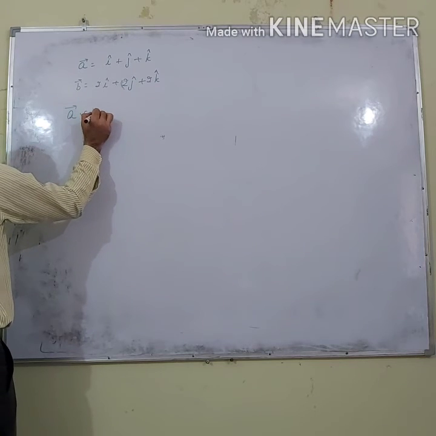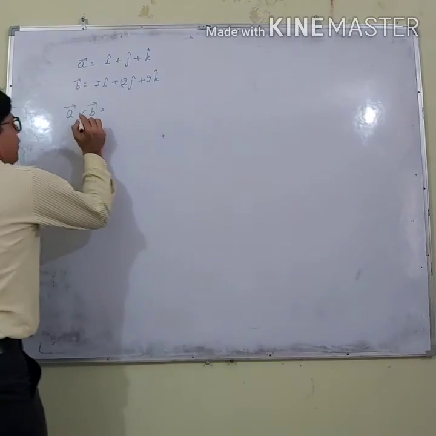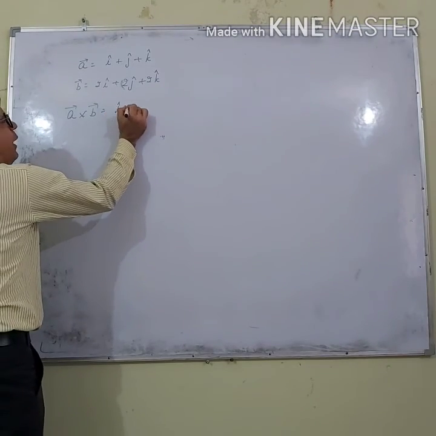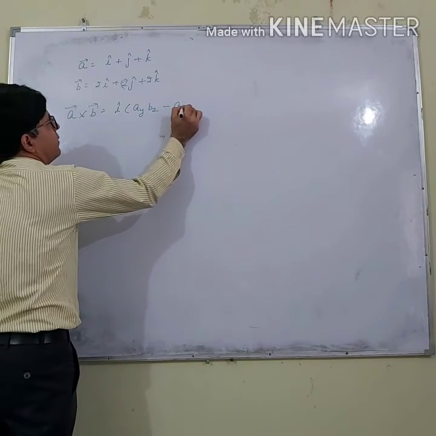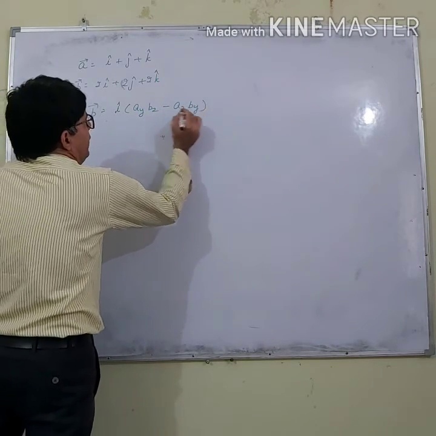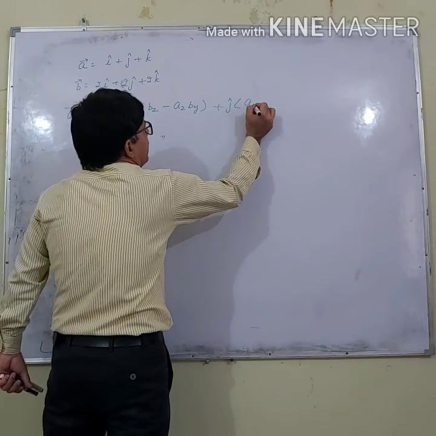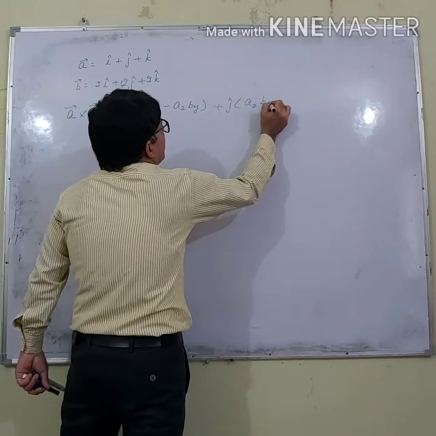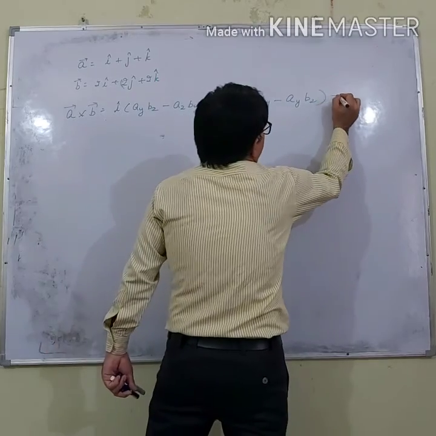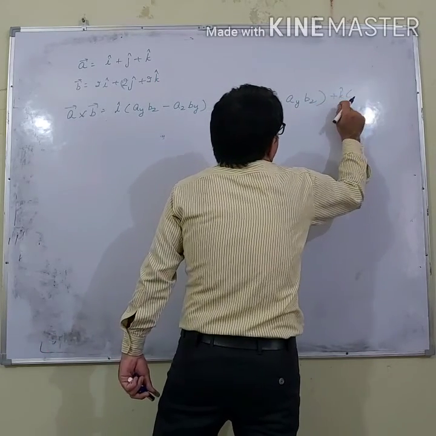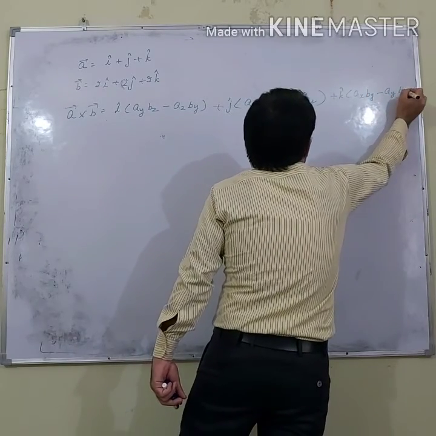Find a cross b. Let's check it out. What is the formula of a cross b? Formula of a cross b is i cap (A_y B_z minus A_z B_y) plus j cap, neglect the y-axis term, (A_z B_x minus A_x B_z) plus k cap, neglect the z-axis term, (A_x B_y minus A_y B_x).